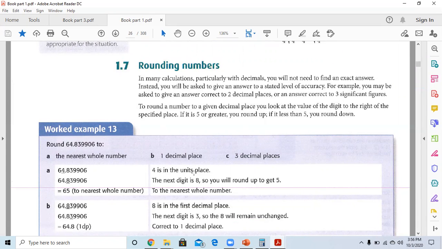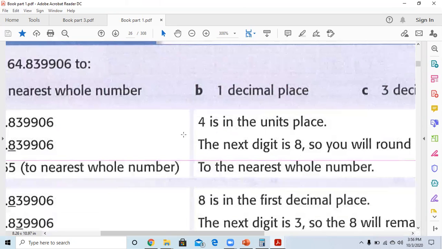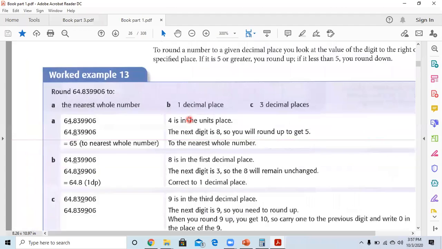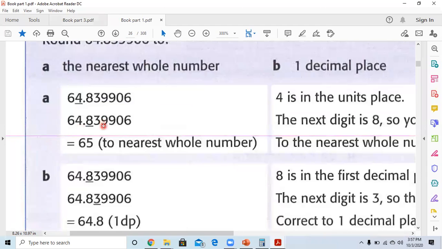So the 4 is in the unit place, and the next digit is 8, so you round up to get 65, to the nearest whole number. Let's suppose, class, whenever I say whole number, we don't need a point.